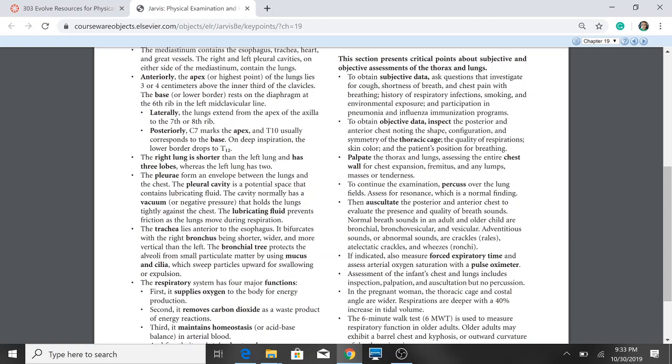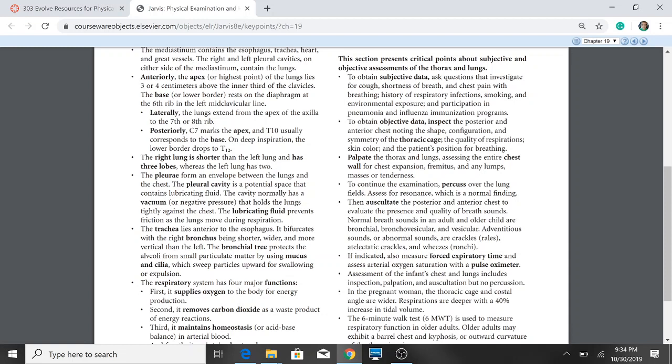Palpate the thorax and lungs, assessing the entire chest wall for chest expansion, firmness, and any lumps, masses, or tenderness. In the continued examination, percuss over the lung fields and assess for resonance, which is a normal finding. Then auscultate the posterior and anterior chest to evaluate the presence and quality of breath sounds.